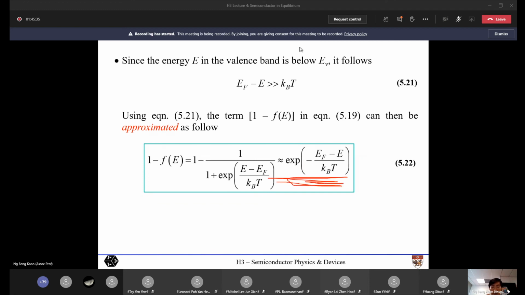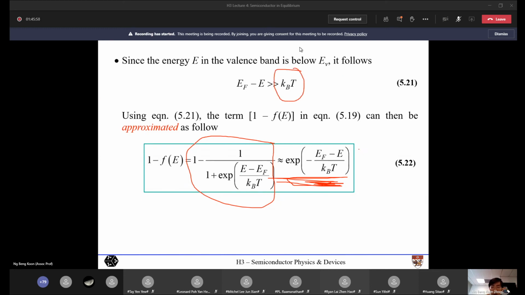This will help you simplify the integral, making it easier to solve. This is essentially just an approximation. Again, I'm going to leave it to you to convince yourself that it's a correct approximation in the case where EF minus E is much greater than KBT.